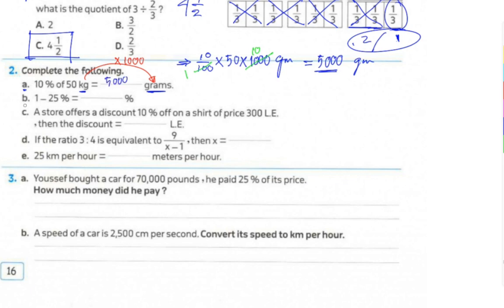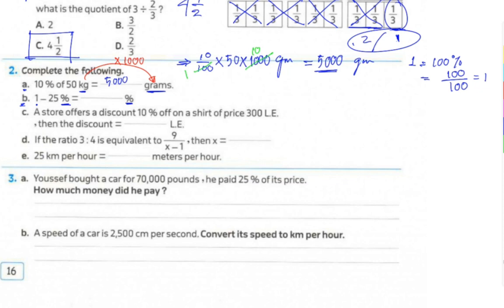Okay, next point B. 1 minus 25% equals what percent? So now I have percent and percent, but this is a whole number, not percent. But we know that 1 equals 100%. Why? Because 100% is 100 over 100 and that equals 1.